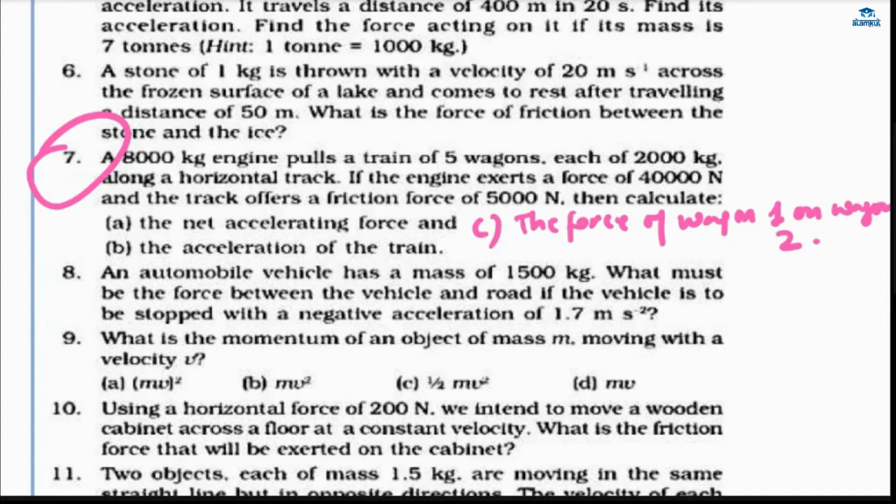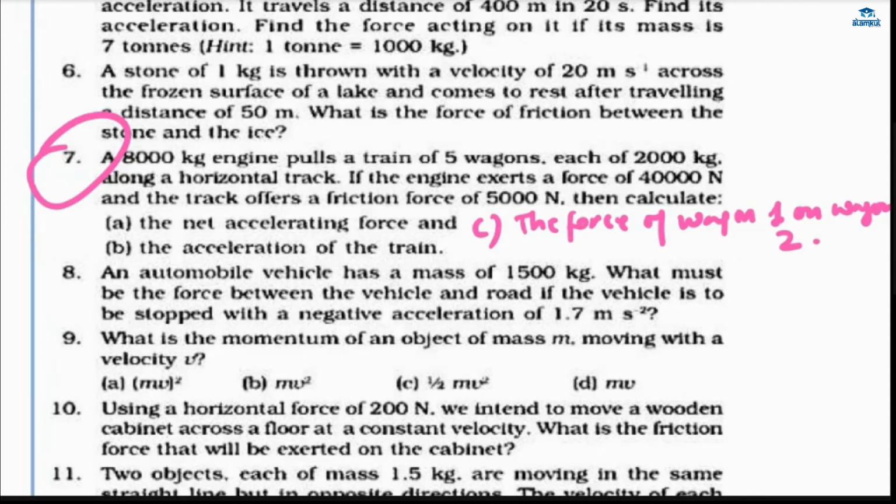The acceleration of the train is 1.94. Yes, the final answer is 1.94 meter per second square, when you're including the engine. Yes, it's 1.94. And what about the C?